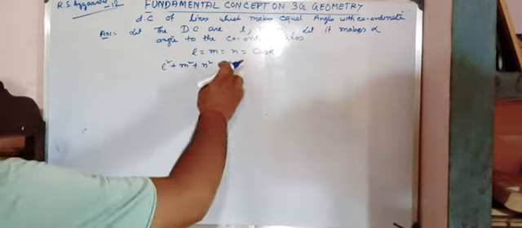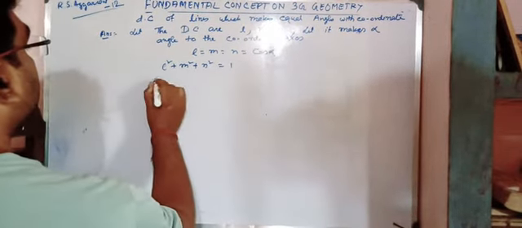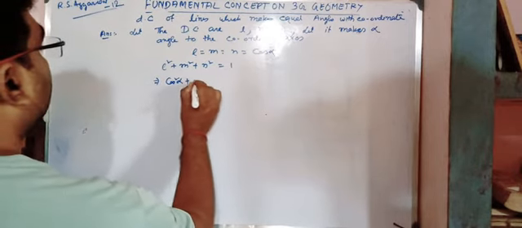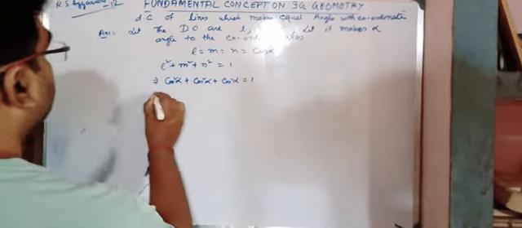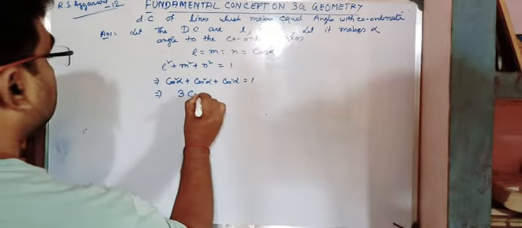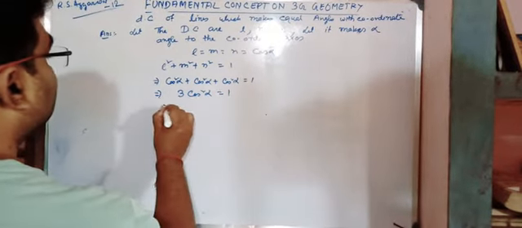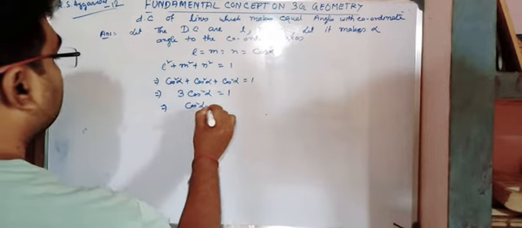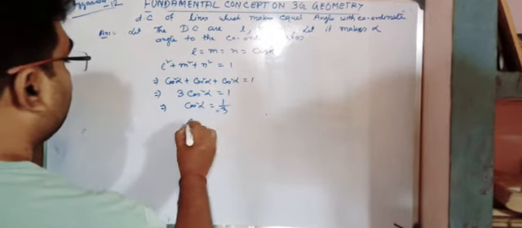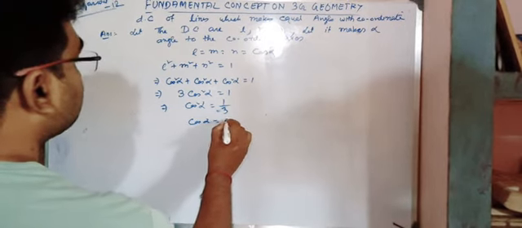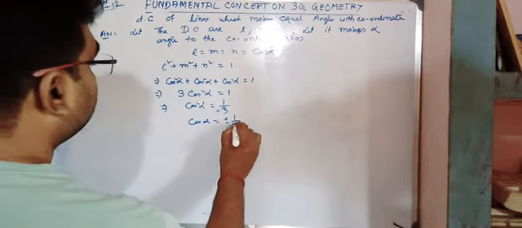So cos square alpha plus cos square alpha plus cos square alpha is equal to 1, that is 3 cos square alpha is equal to 1, so cos square alpha is equal to 1 by 3, and cos alpha is equal to plus or minus 1 by root 3.